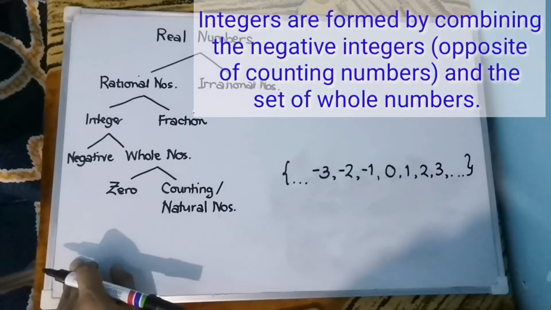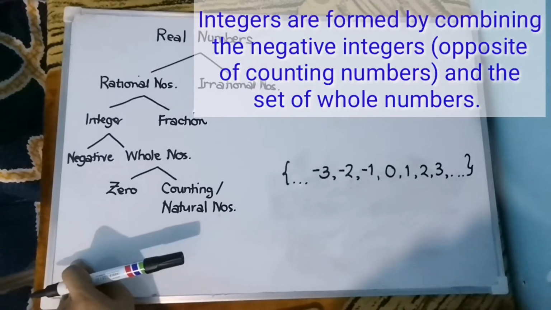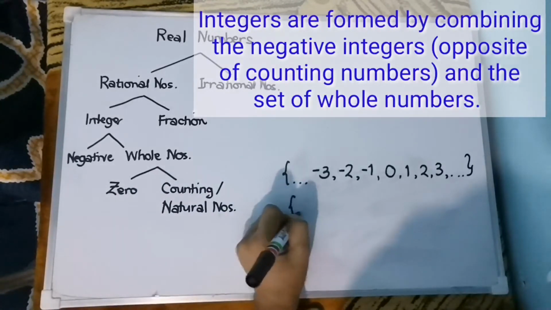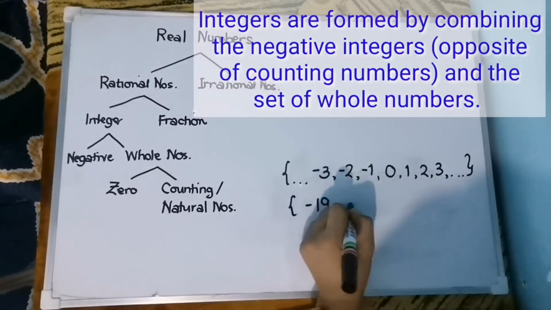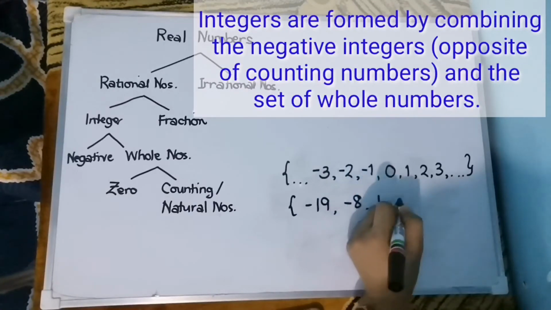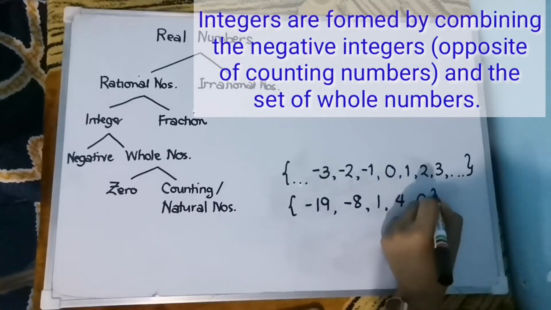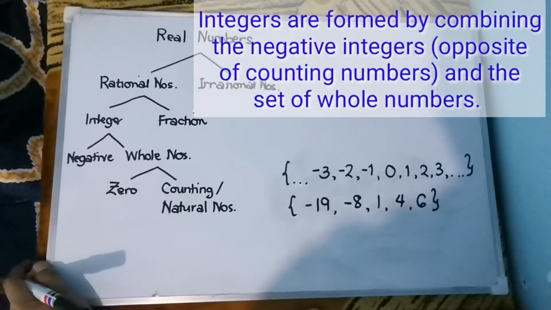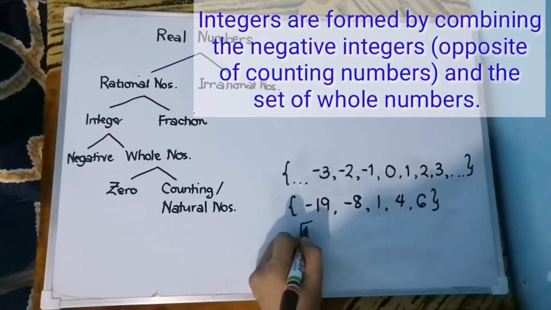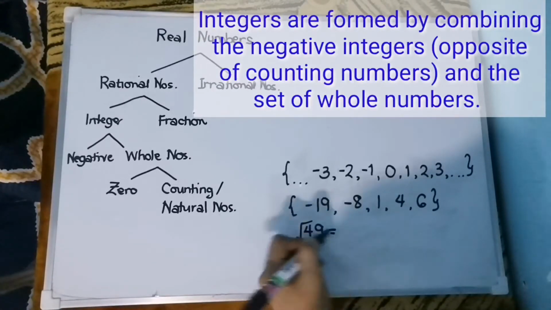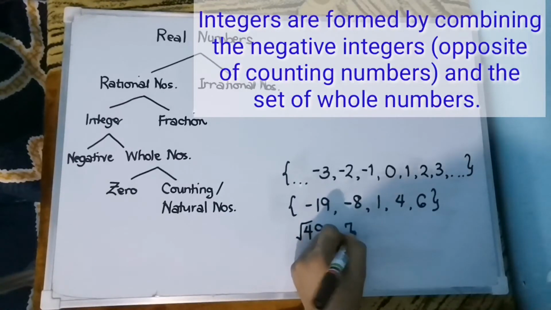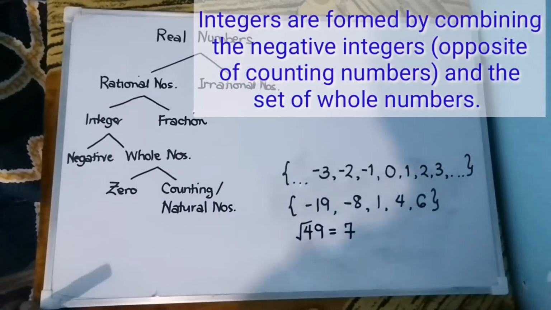So these are integers. So another example, we have here negative 19, negative 8, 1, 4, 6. It can also be square root of 49, which give us 7. So these are the examples of integers.